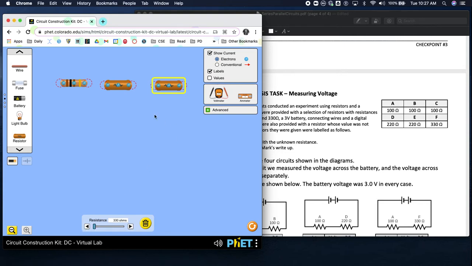Okay. We have our 3 resistors and a 3-volt battery. So I'm going to go get me a battery. I'm going to put it right here, and I'm going to turn it down to 3 volts. Now, how much is a AA battery usually?